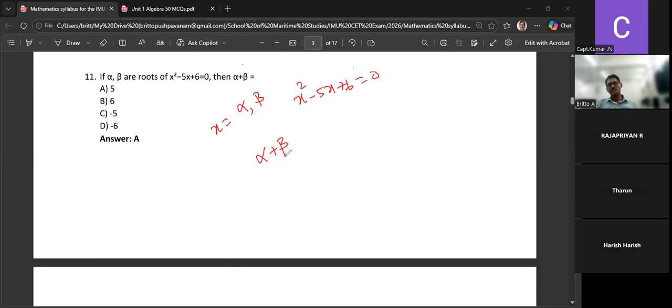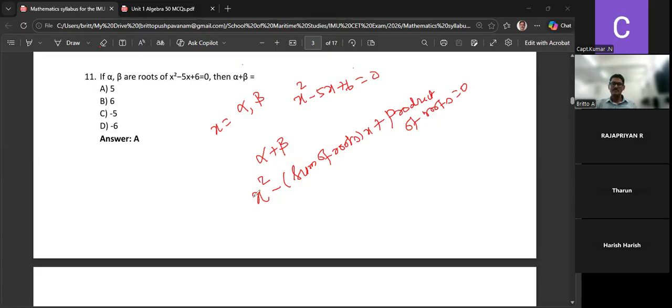You know, any quadratic equation can be written like this: x squared minus sum of roots into x plus product of roots equals 0.